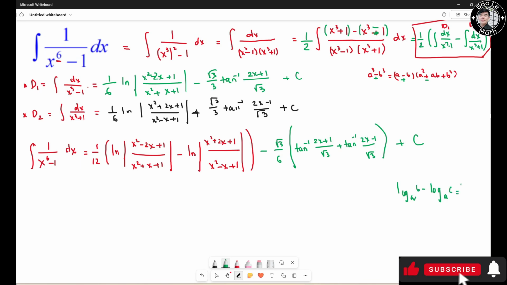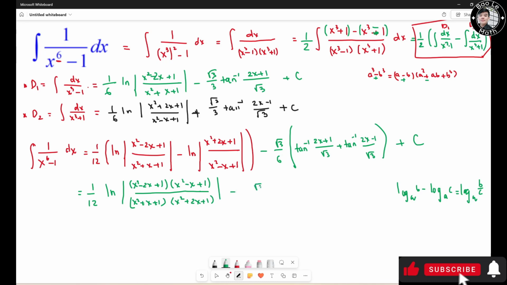So this one right here, I can apply the formula log base a of b minus log base a of c equals log base a of b over c. So this turns out to be 1 over 12 natural log of absolute value of s squared minus 2s plus 1, divided by this one, which means you multiply by its reciprocal, s squared minus s plus 1 over s squared plus s plus 1, multiplied by this guy right here, s squared plus 2s plus 1, absolute values.